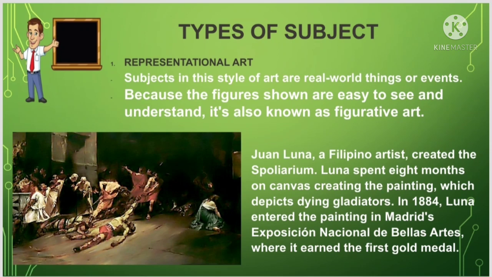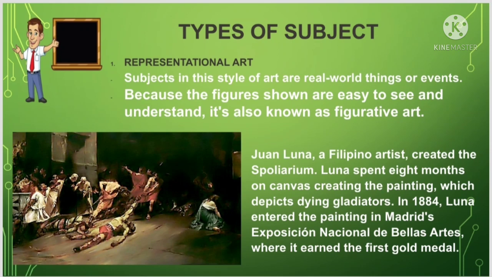As you see in the Spoliarium by Juan Luna, this is an example of real-world things or events. In the history of the Philippines during the Spanish regime, it shows how Filipinos suffered because of the oppressor, which is made by the Spaniards.